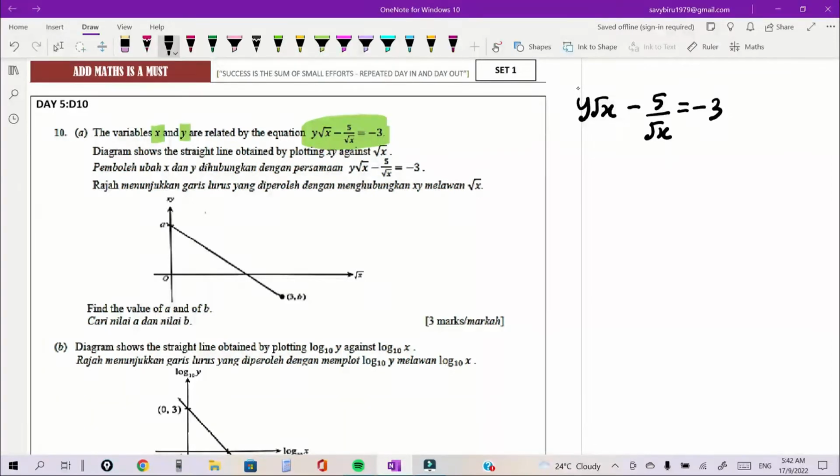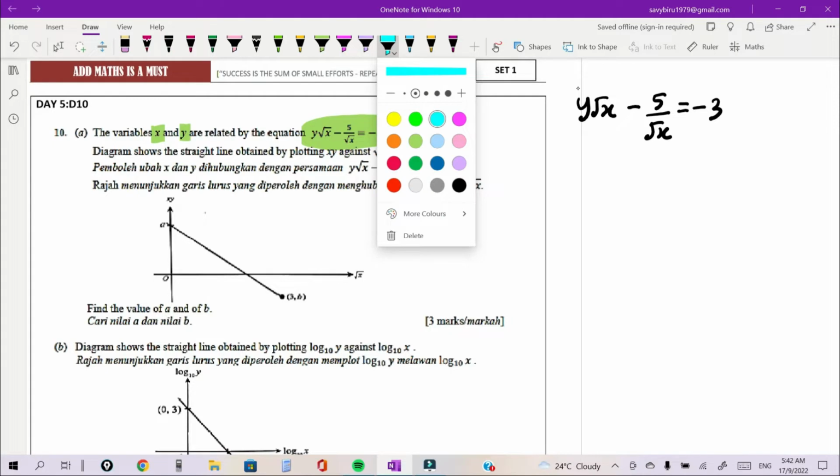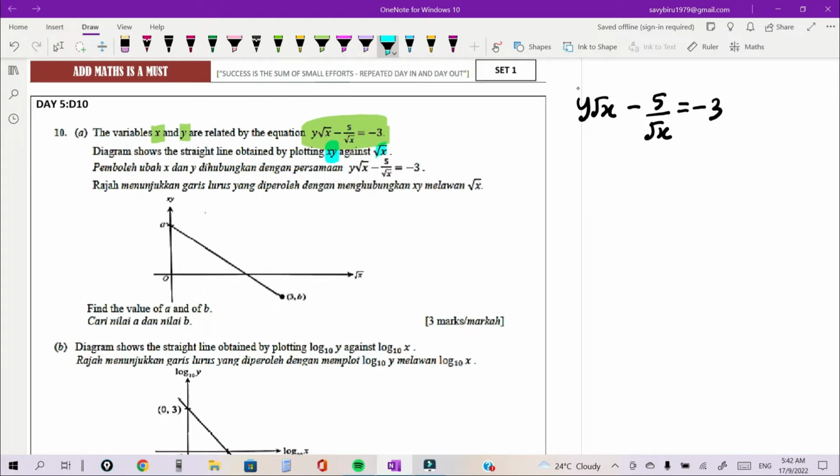The diagram shows the straight line obtained by plotting xy against √x. So if you write the equation in the general form y = mx + c, your y-axis right now is xy, and your x-axis term right now is √x, plus c.